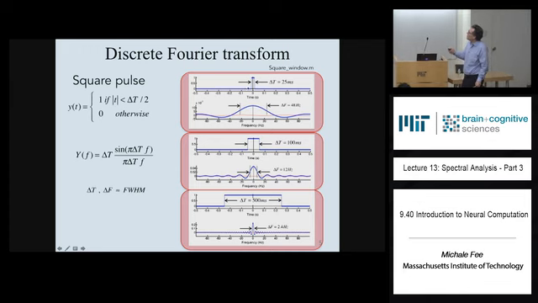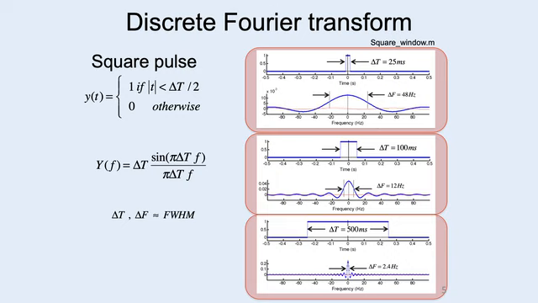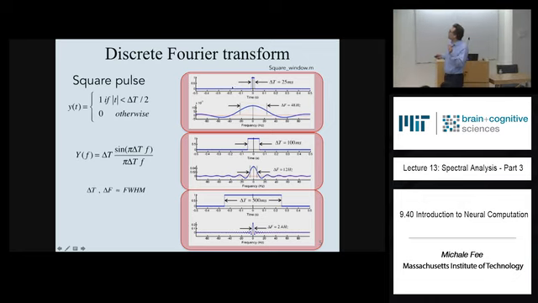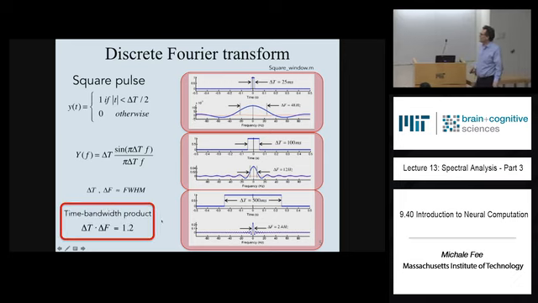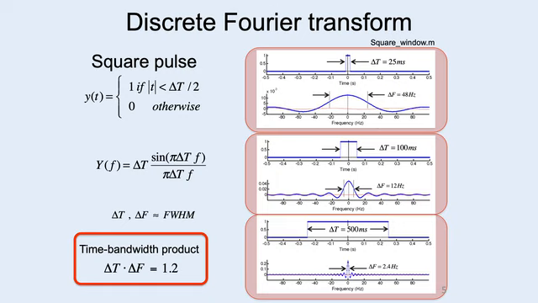Up here, if we look at the Fourier transform of a square pulse that's 25 milliseconds long, then the Fourier transform is again a sinc function, and the width of that central lobe is 48 hertz. So you can see that the width in the time domain and the width in the frequency domain are inversely related. So the product of the width in the time domain and the width in the frequency domain is constant, and that constant is called the time bandwidth product of that signal.